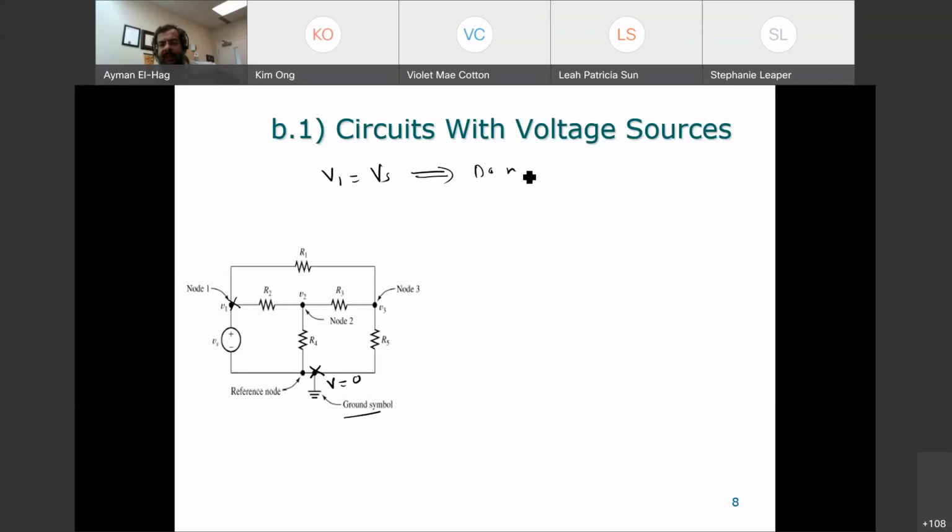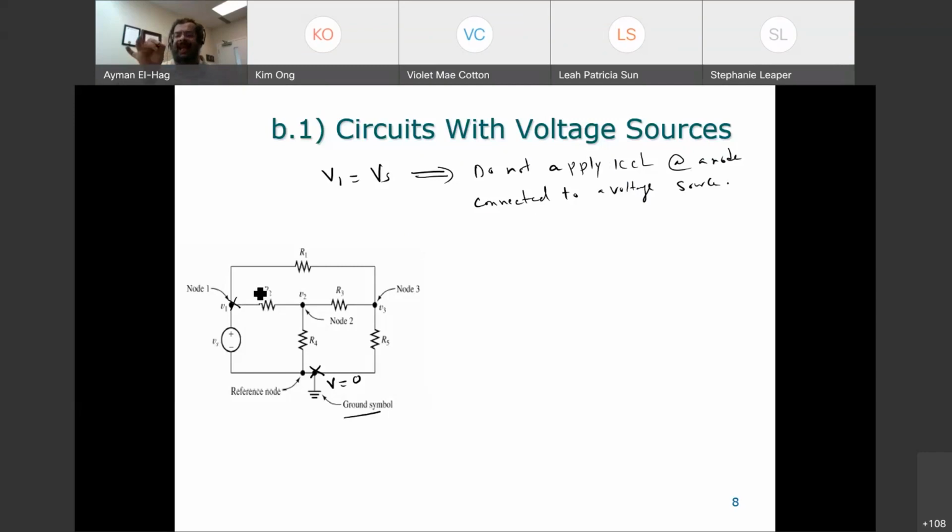Do not apply KCL at a node connected to a voltage source. Why? For two reasons. The first, I already know the voltage, so I don't need to apply KCL to this. Second, remember, what is nodal analysis?